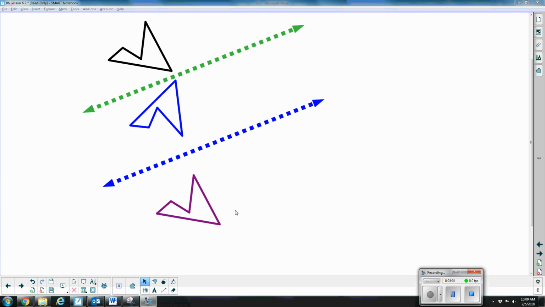If you compare the black image to the purple image, what do you notice about orientation? The orientation of the black and the purple image is the same. If you reflect the image once over the green line to get that blue image, orientation is flipped. If you reflect it again to get the purple image, orientation is back to the original.